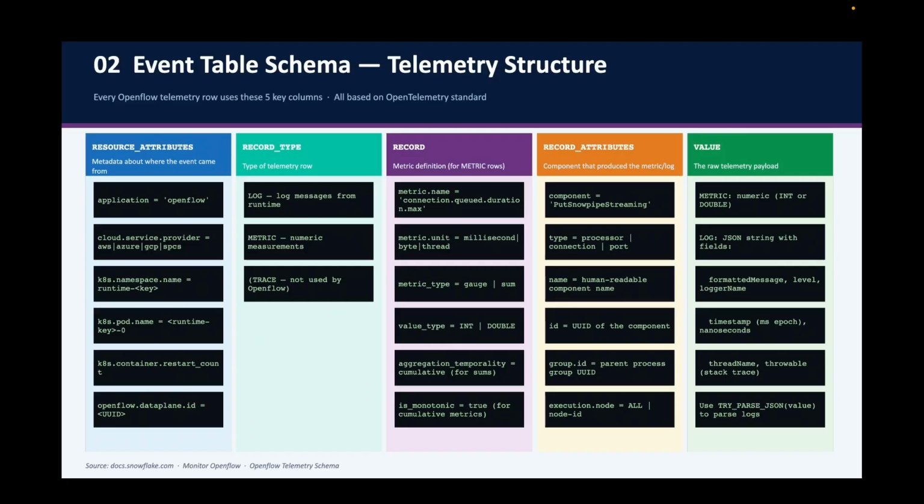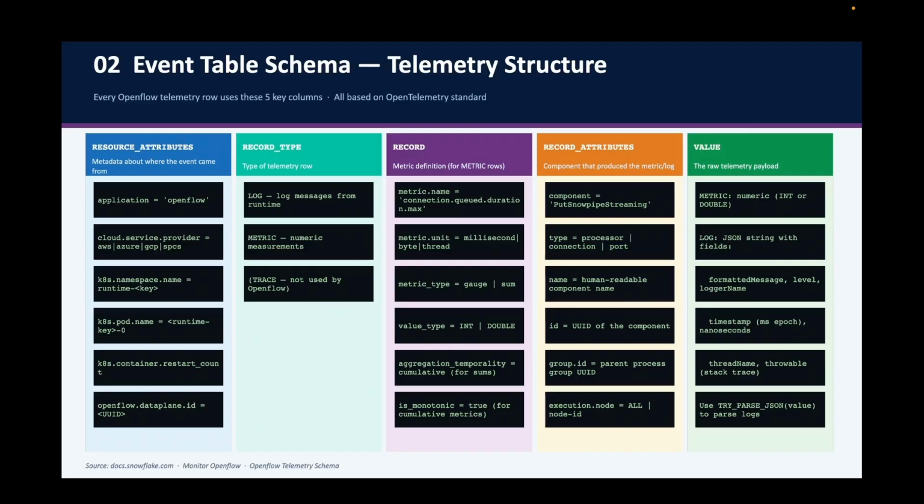K8s namespace is the runtime ID, and pod name is the runtime key. In your BYOC, you would clearly see the pod name. K8s container restart count is also an attribute, showing how many times a pod has been restarted. Openflow data plane ID is the UUID of the deployment.